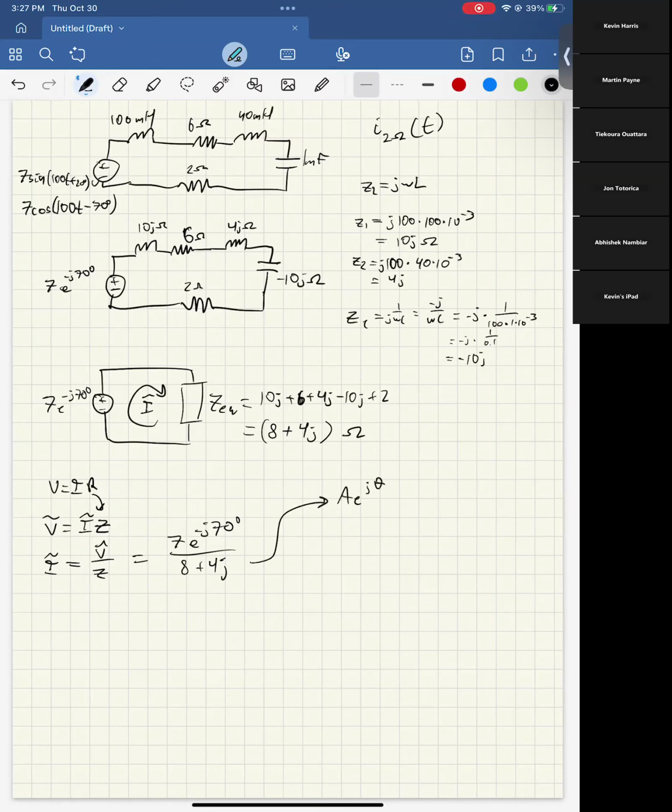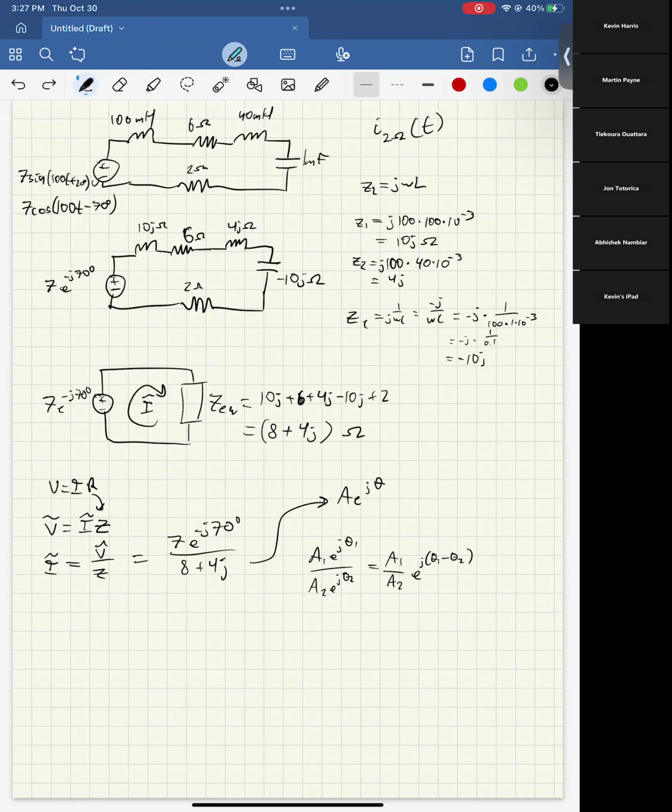Based on the rules that we know, if we have a1 e to the j theta 1 divided by a2 e to the j theta 2, then that's going to be a1 over a2 times e to the j theta 1 minus theta 2. This is really just rules of exponentials. If you divide an exponential by another exponential, you subtract the powers. And these are just coefficients, so they get divided.